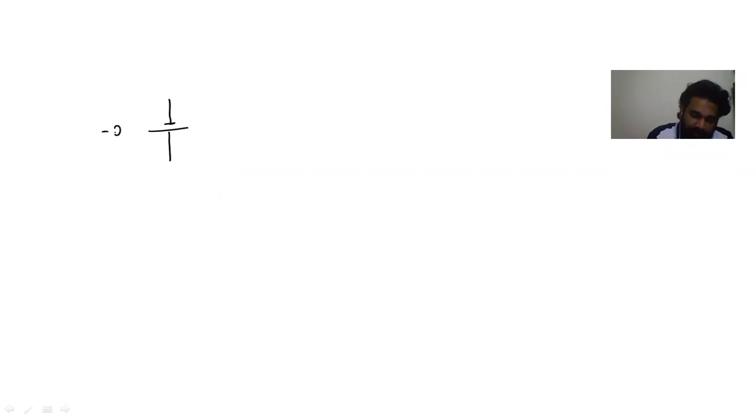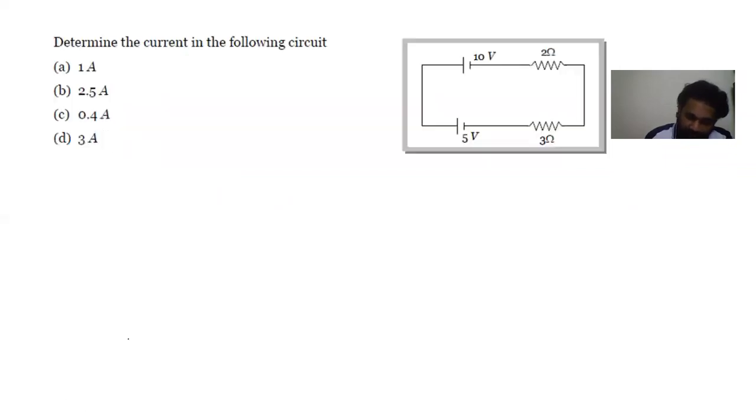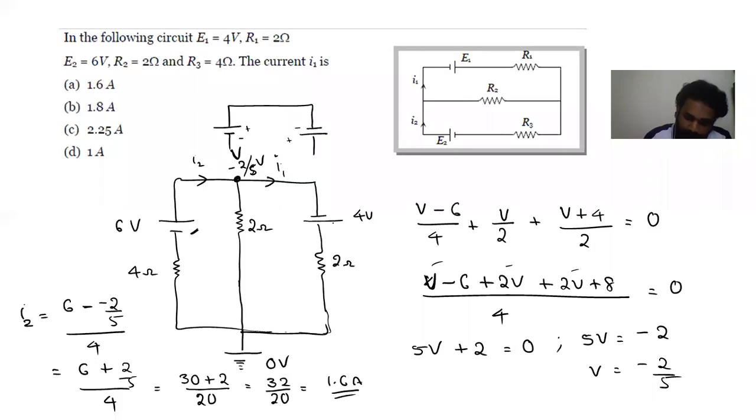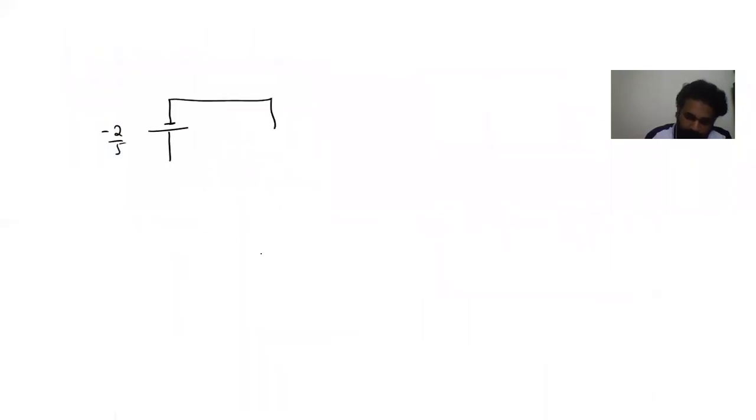We can consider this as 4 volt and 2 ohm. This is the nodal voltage. Here it is plus minus, and this is minus plus, so the order is different.